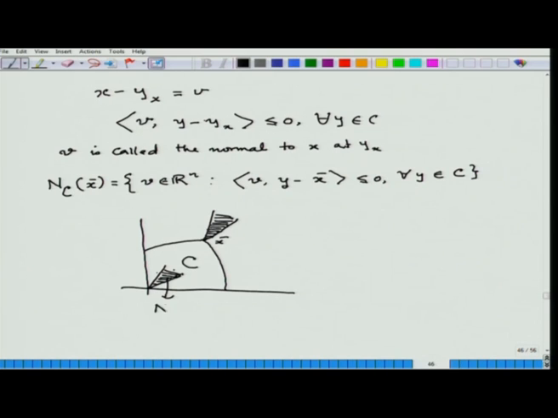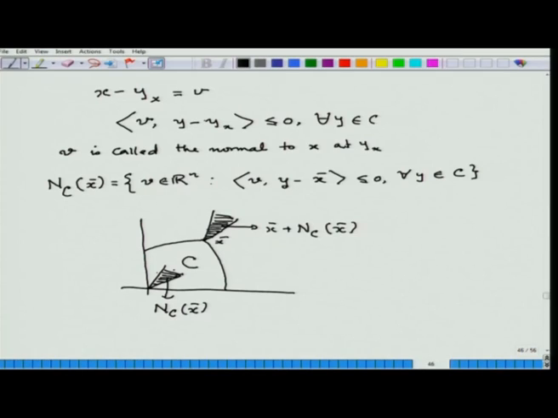So, this is actually your normal cone to C at x bar, and this is nothing but a translate of this to the point x bar, that is x bar plus N_C(x bar). So, this tells you that if I take the origin of this to x bar, then the normal cone is exactly this, if the origin is now x bar.